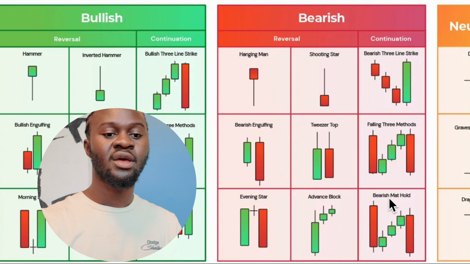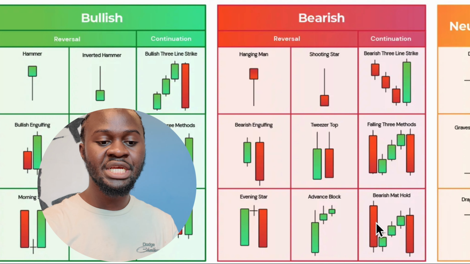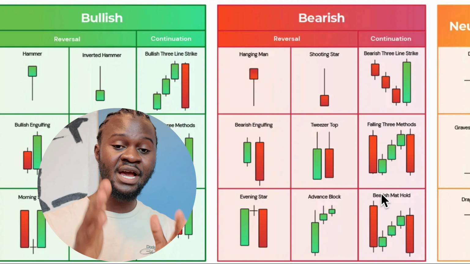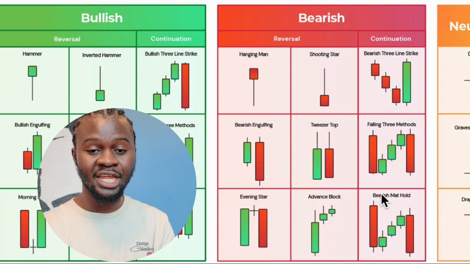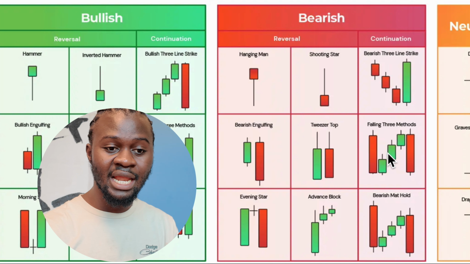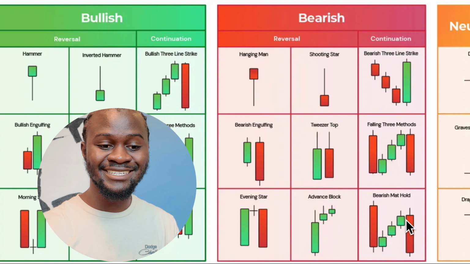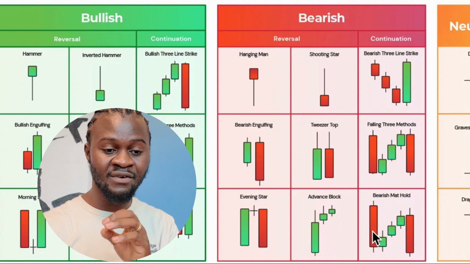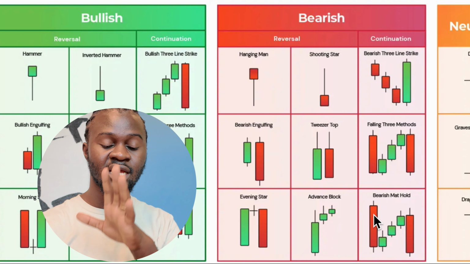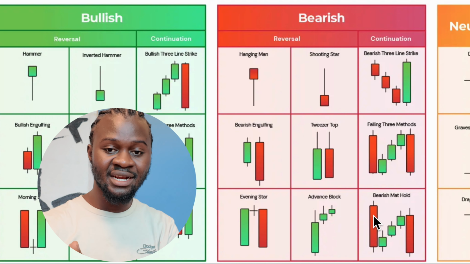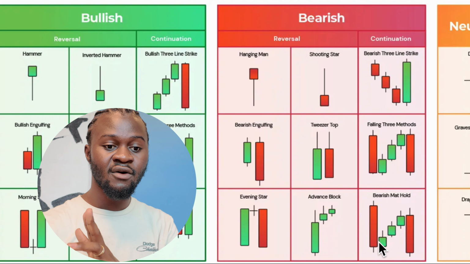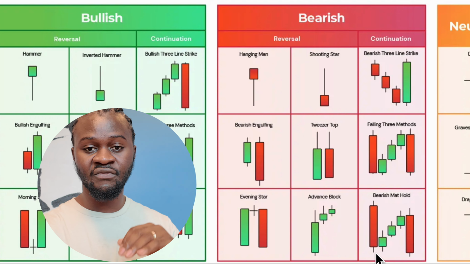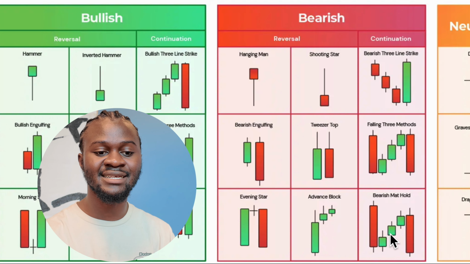And you have your bearish mat hold, which is also a bearish continuation pattern that is made up of 5 candlesticks that happen in an existing downtrend. Unlike the last one, it looks almost the same, but there's a slight difference. It's also a 5 candlestick pattern, with 1 strong bearish candlestick, which is the first one, followed by a gap that starts a little bit below the low of the first candlestick, followed by the second one.